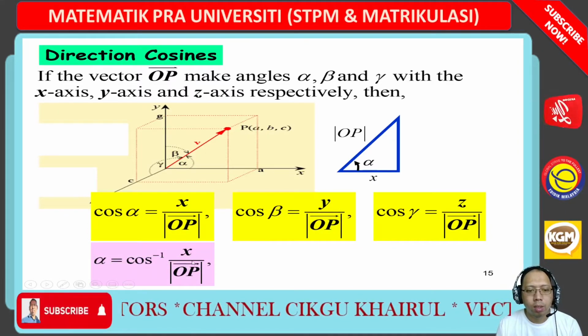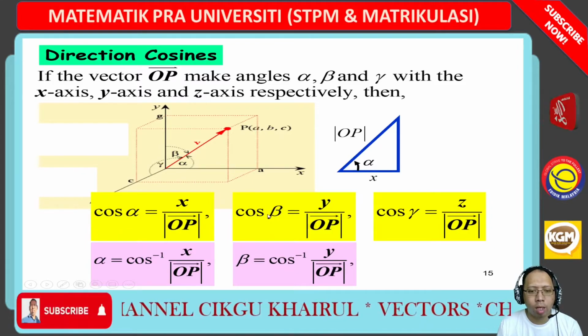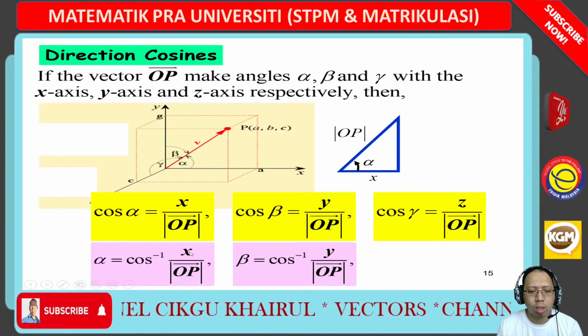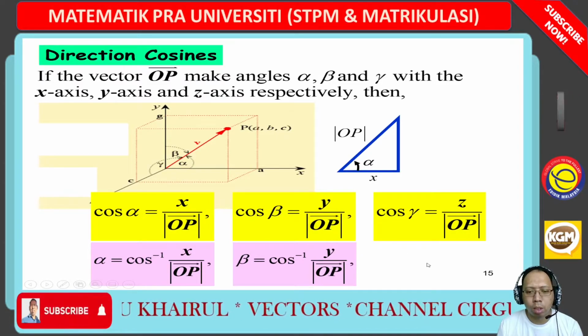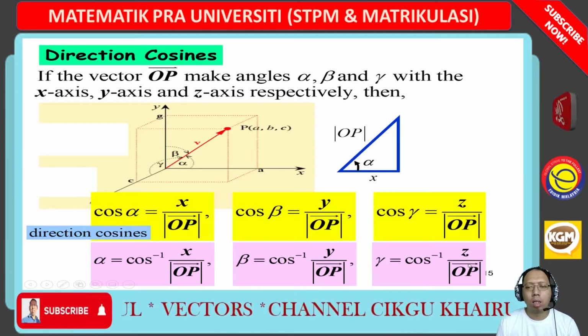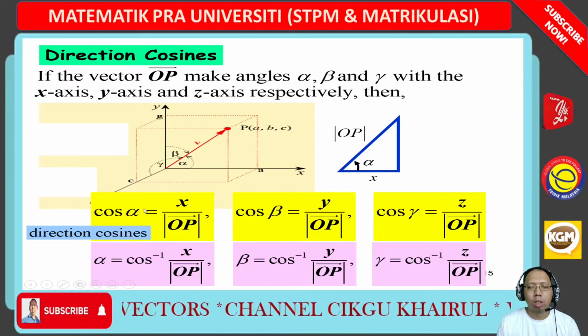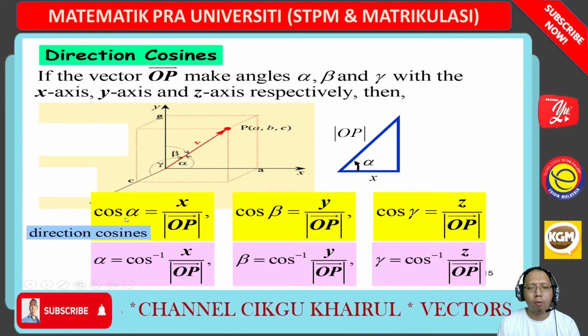So the next one, we can find the value of alpha and beta. So alpha equals arc cos x over magnitude OP, beta equals arc cos y over magnitude OP, and gamma equals arc cos z over magnitude OP. The yellow one, we call it direction cosine, so the answer in terms of cos.